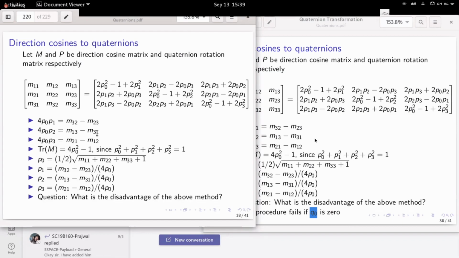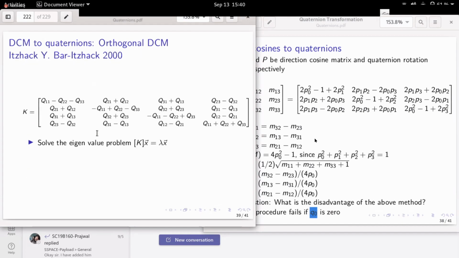Okay, I know that too many things are there, but they are only converting from one to another. If you know something, you can go back. So we will briefly mention this particular method which was discussed in an article in 2000. If you have to compute the quaternion and you are given only the DCM matrix, they had suggested this particular method. For the proof, you have to go to this article.